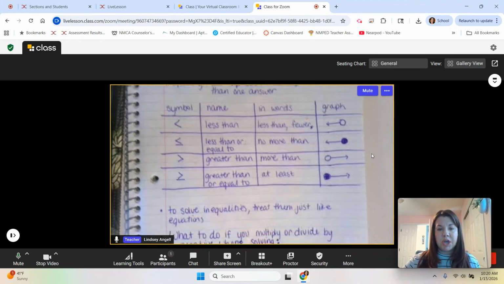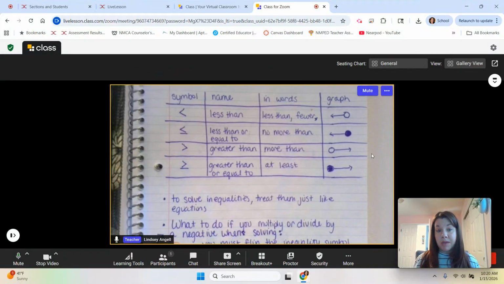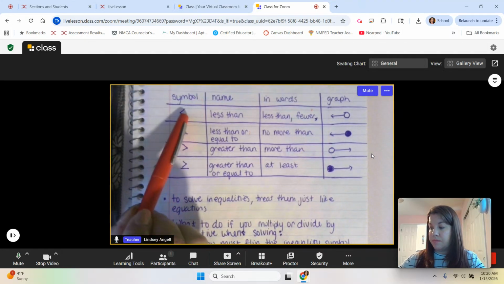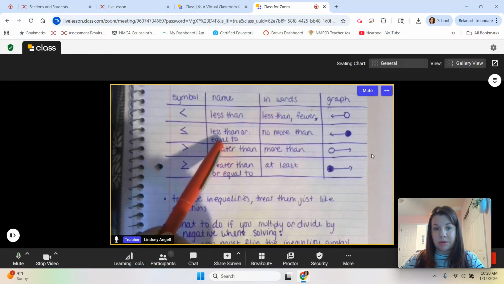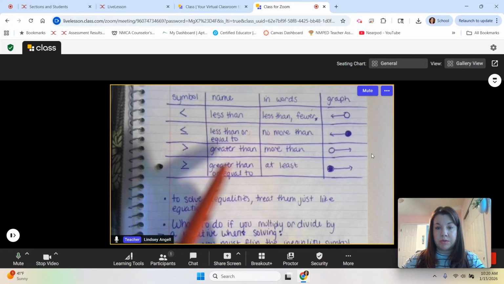I made this little chart. If I were you, you might want to screenshot this or pause the video and write it down. So I wrote down the symbol. So this symbol is called a less than symbol. This is less than or equal to, greater than, or greater than or equal to.